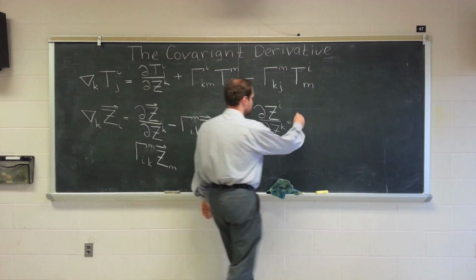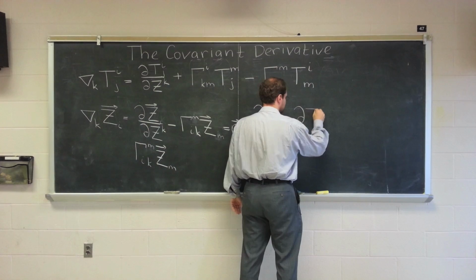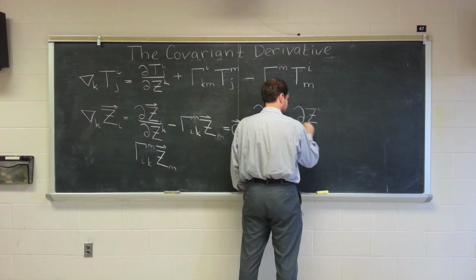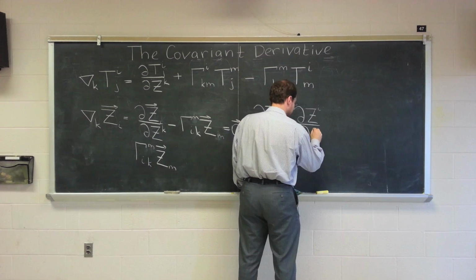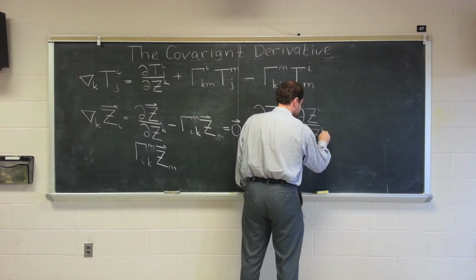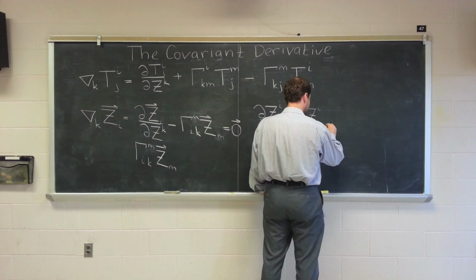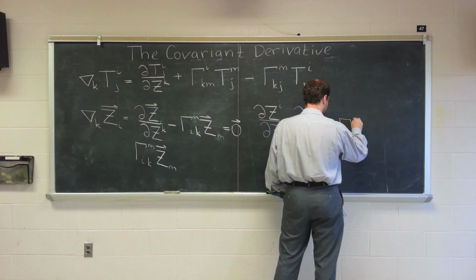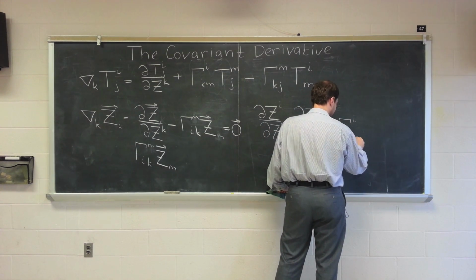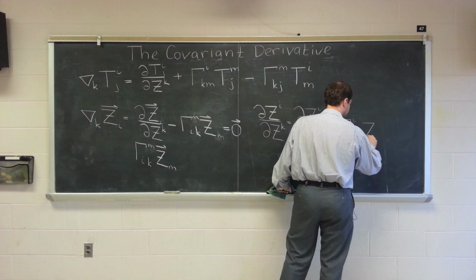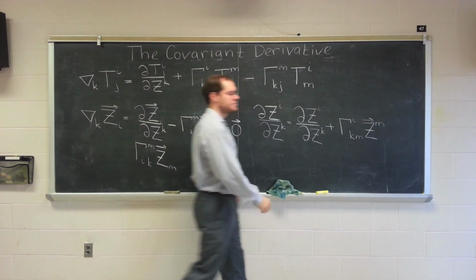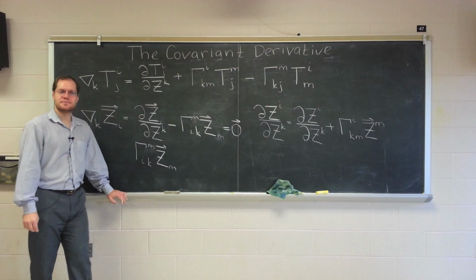I'll do it along with you. Because I've been doing this for 10 years, I no longer have to reference the definition, but I don't think you ever need to reference it. This definition writes itself. So now it's a plus gamma upper i lower km z^m. There we go.